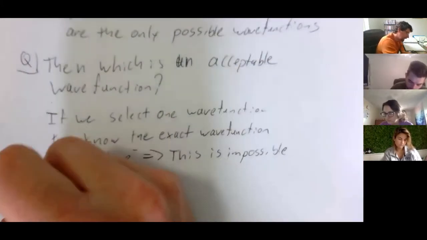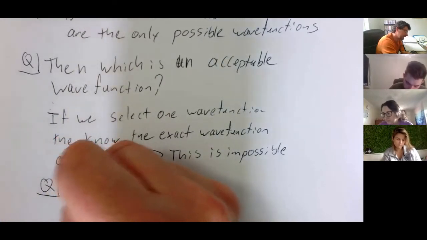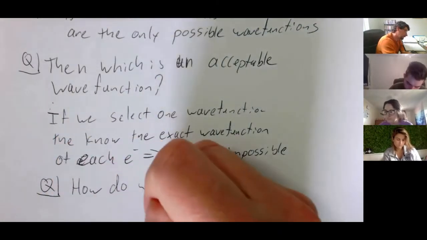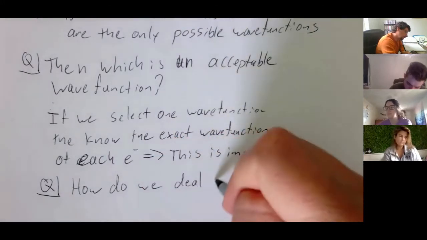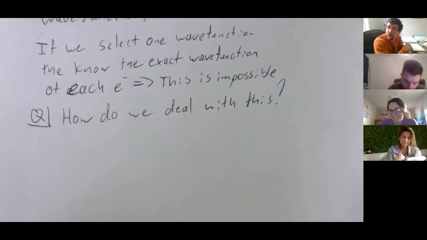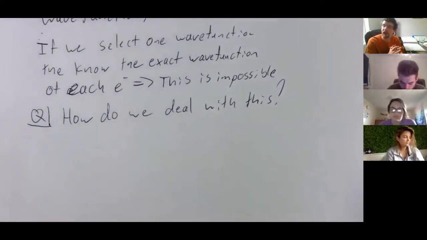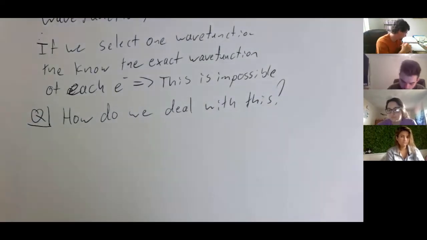Okay, so then we'll ask another question. How do we deal with this then? Just say it has like a super state. Yep, there is superposition. Just like with Schrodinger's cat, where it seemed impossible to know if the cat was dead or alive, we said it was a superposition of both of these states.